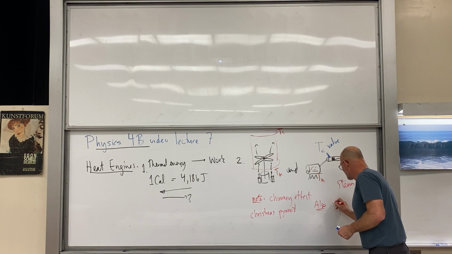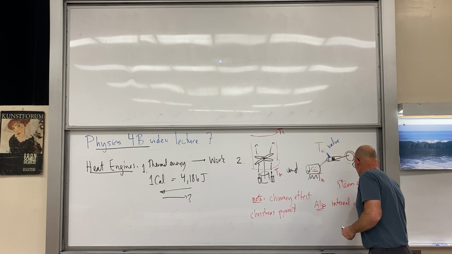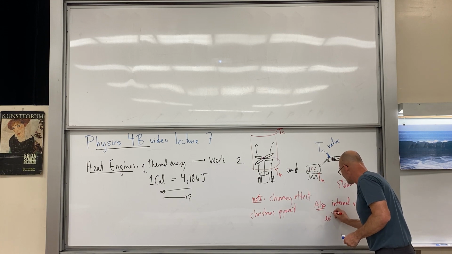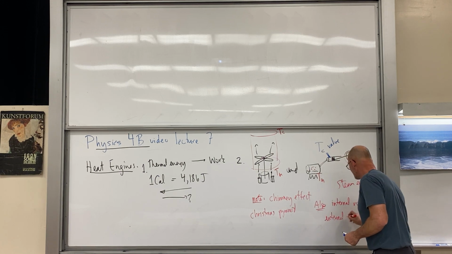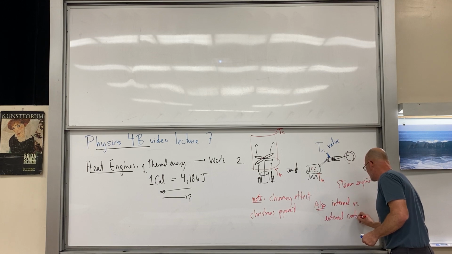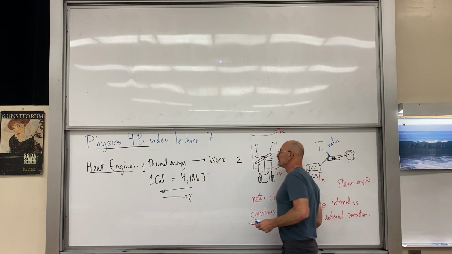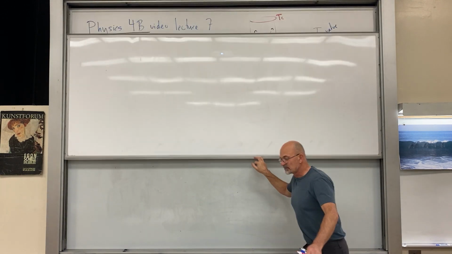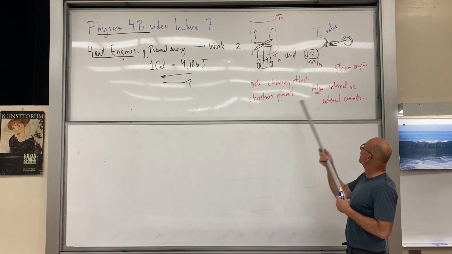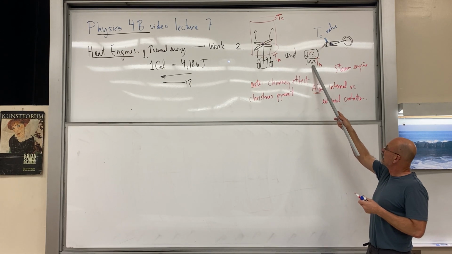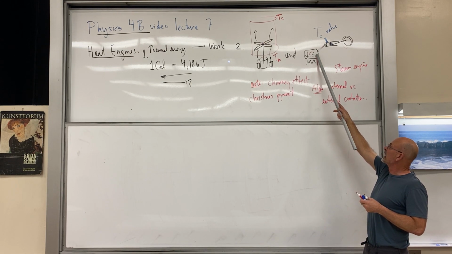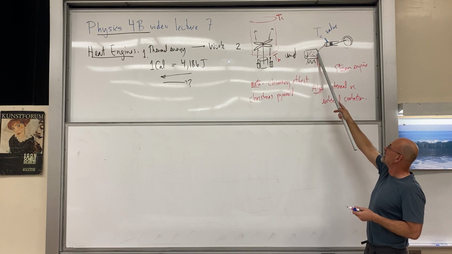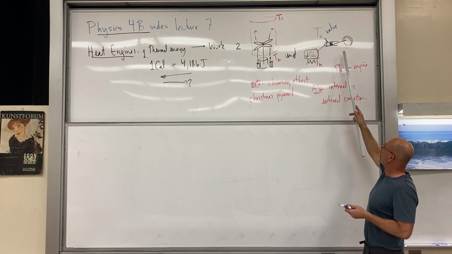So, internal versus external combustion. Maybe I'll say a little bit more about that. For external combustion, we are burning the fuel here and applying the flame to the boiler, heating up the water inside, the steam and so forth.